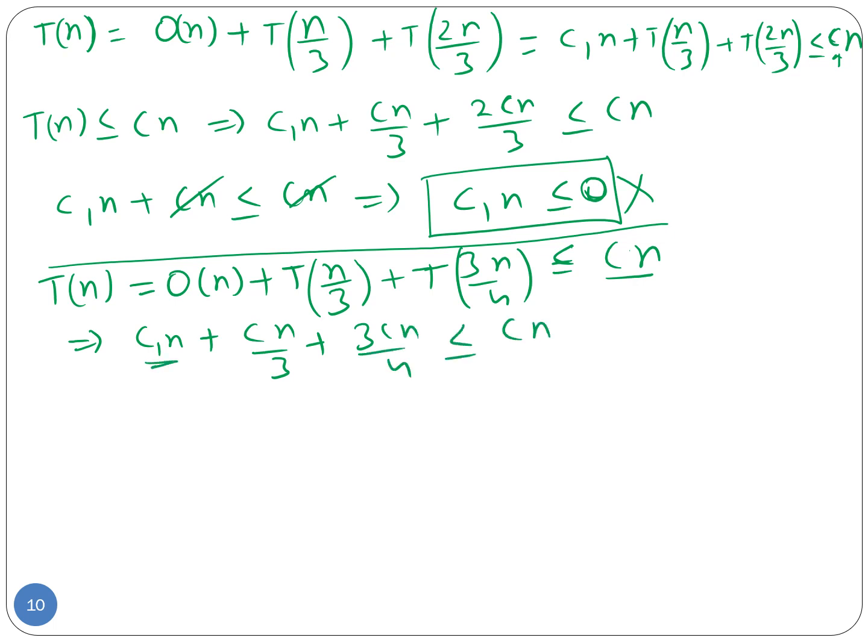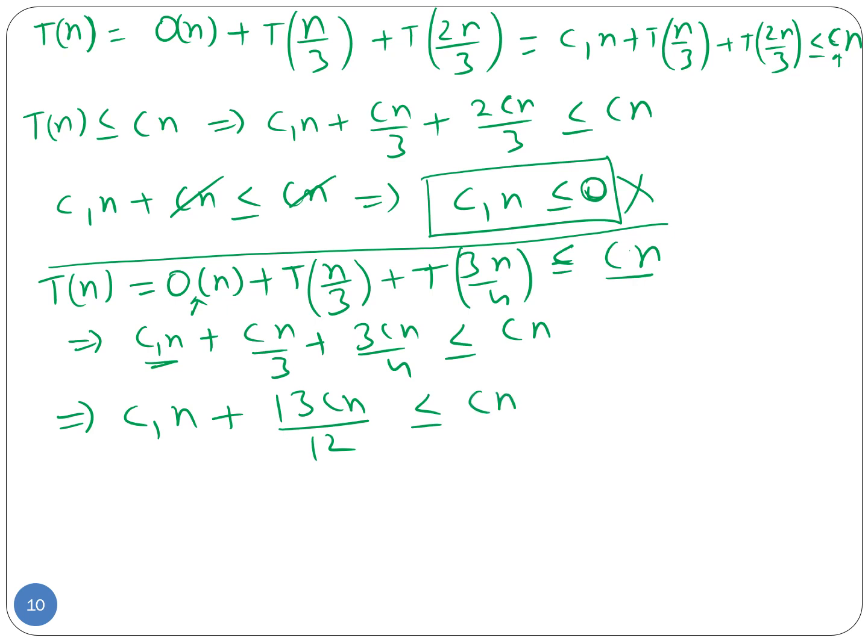Notice that this c1n is basically representing O of n, some linear time work. So let's simplify this. So this is equal to c1n plus, if we add this, we get 13 times cn divided by 12 should be less than or equal to cn.